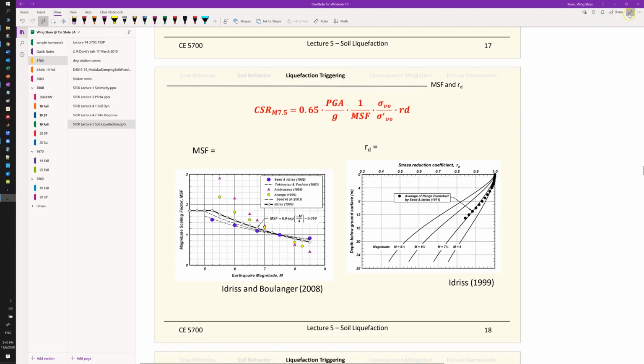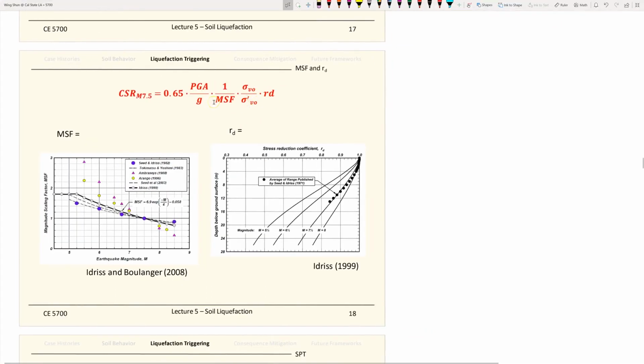Okay, so let's further talk about this triggering model, or the liquefaction triggering evaluation framework, which is given by these equations. If you look at these equations, we try to characterize earthquake loading, or earthquake ground motions, by one point, which is the PGA, the peak ground acceleration.